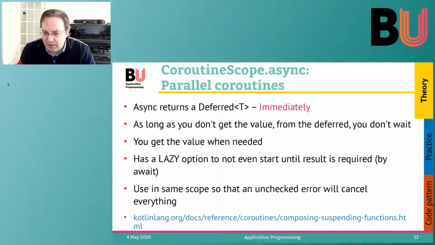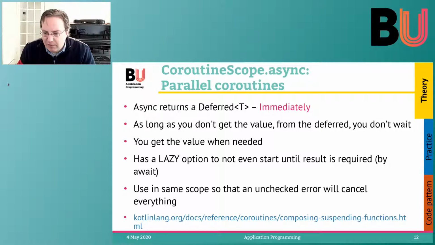A deferred is kind of like a future. For those of you who know the future object, it's basically the same thing. At some point we'll get a value from it. And as long as you don't actually try to get the value out of the deferred, you don't need to wait for anything. You can just immediately continue your code. When you need the value, you get it.